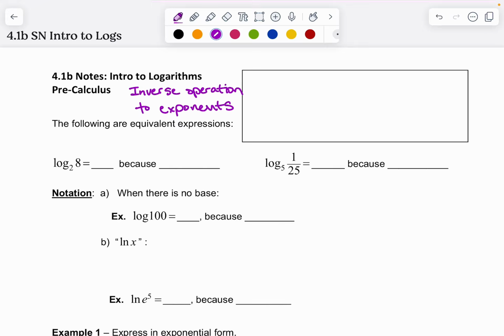It's also useful for simplifying incredibly tiny or incredibly large numbers for things in physics, mathematics, engineering, all those things. You're able to multiply and divide and even sometimes simplify that into adding and subtracting using logarithms.